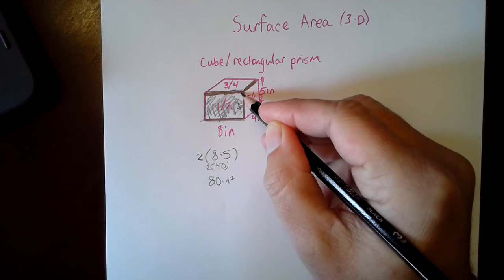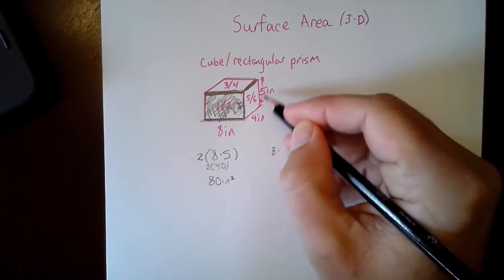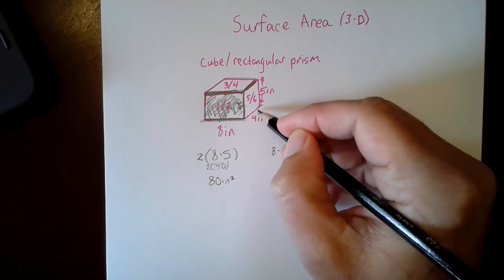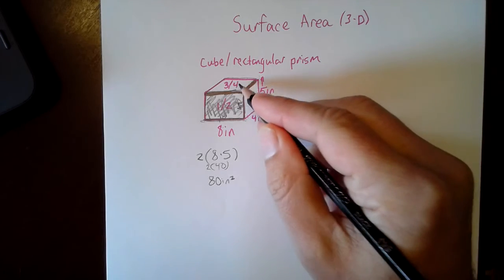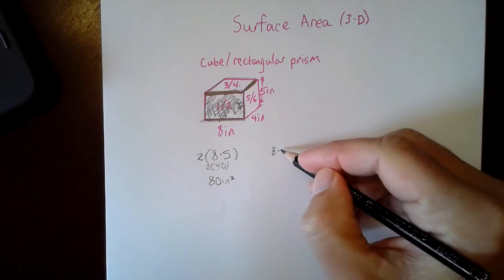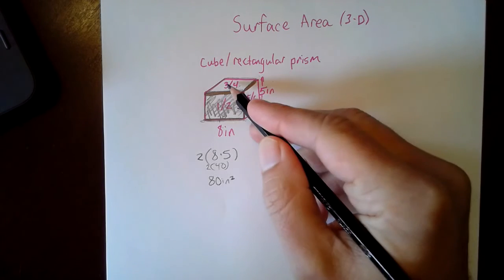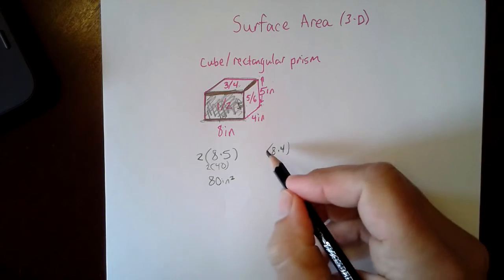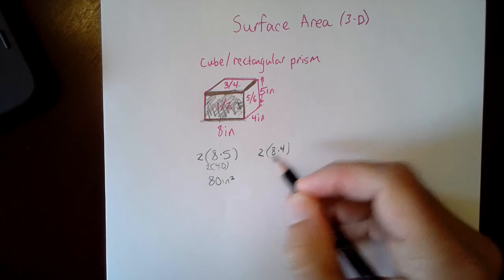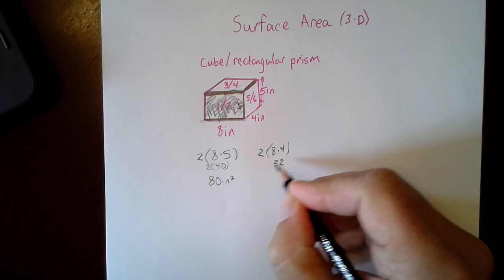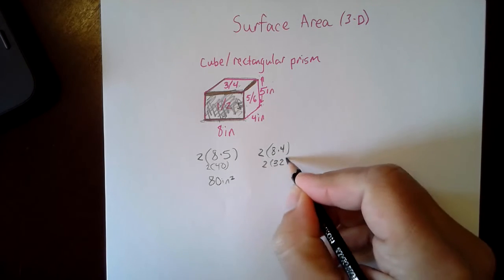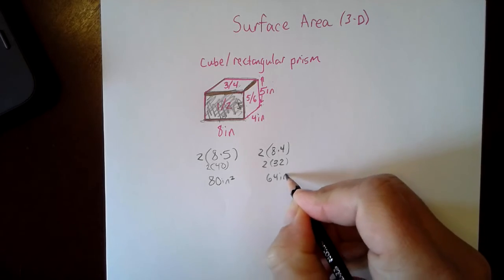It goes from the front of the shape to the back of the shape. Well, it's going to be 4. So the area of this top piece is going to be 8 by 4. And because it also has a corresponding matching bottom, there are going to be 2 of them. So this gives me 32 times 2, or 64 inches squared.